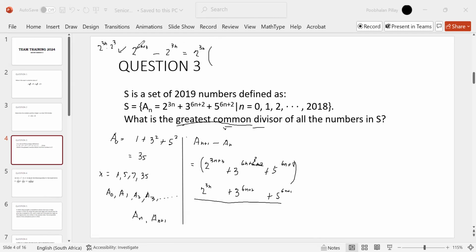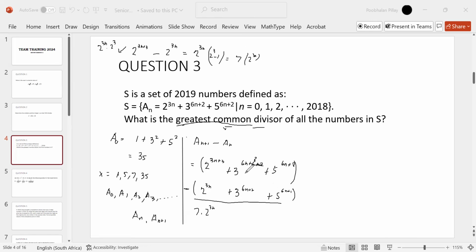It goes into this, 2 cubed times minus 1. You can take it out as a common factor. And 2 cubed minus 1 is 7. 8 minus 1. So I'll put a 7 in front. So when you subtract these two, you're going to get 7 times 2 to the power of 3N.